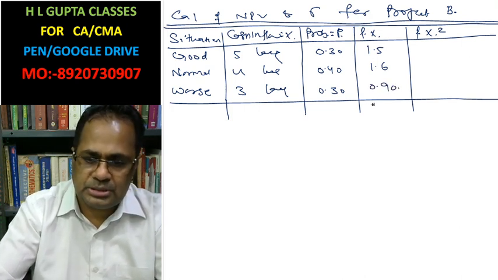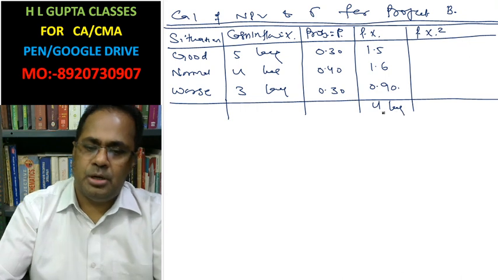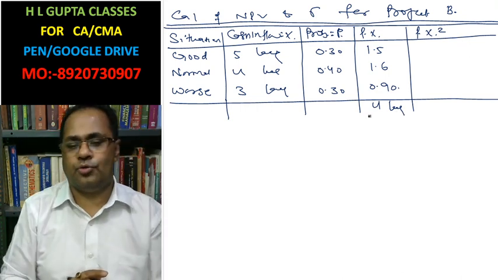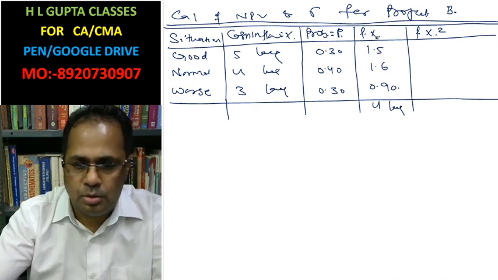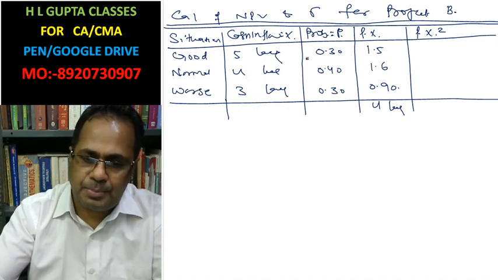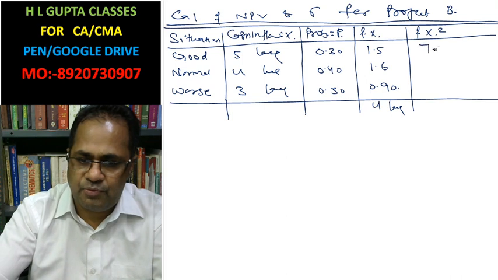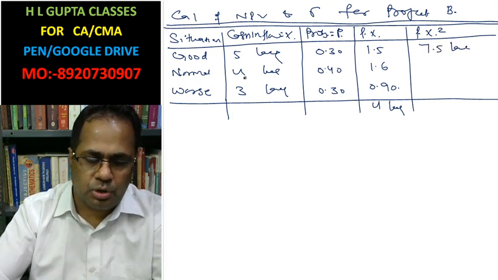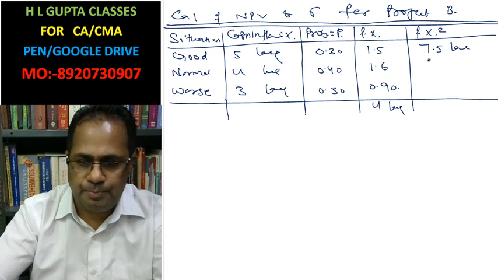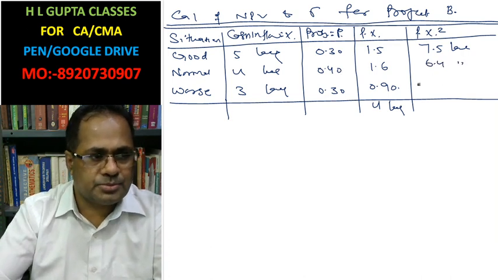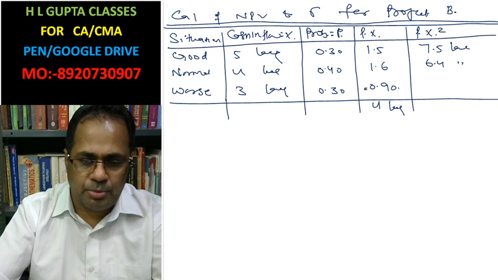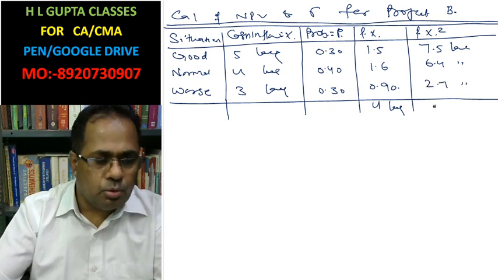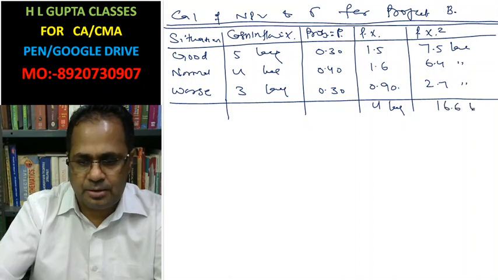The sum of this is 4 lakh, so the expected cash inflow for project B is also 4 lakh. Now 1.5 lakh multiplied with 5 is 7.5 lakh. 1.6 multiplied with 4 is 6.4 lakh. 0.9 multiplied with 3 is 2.7 lakh.